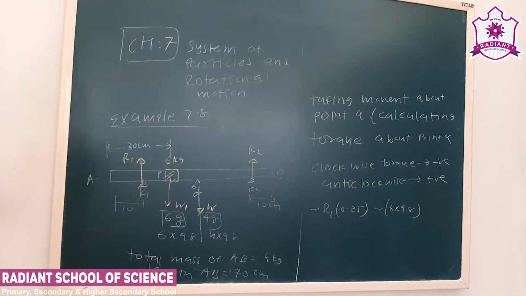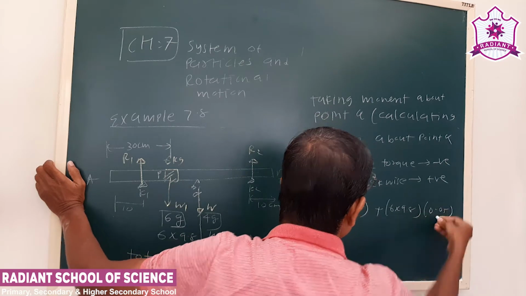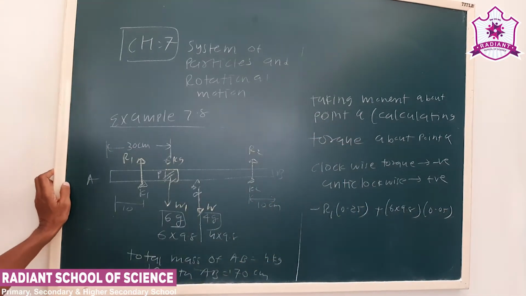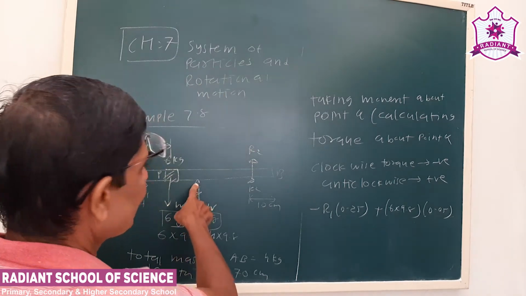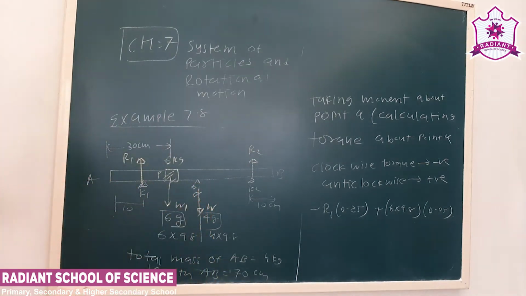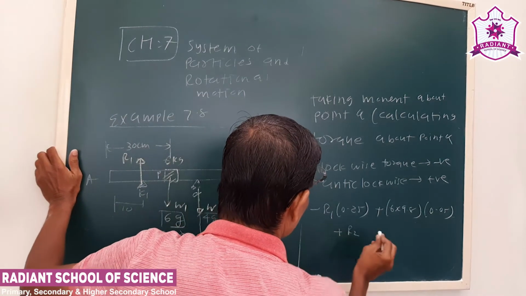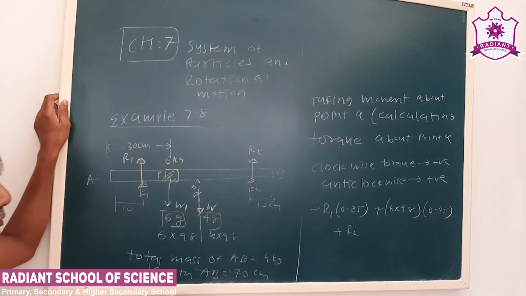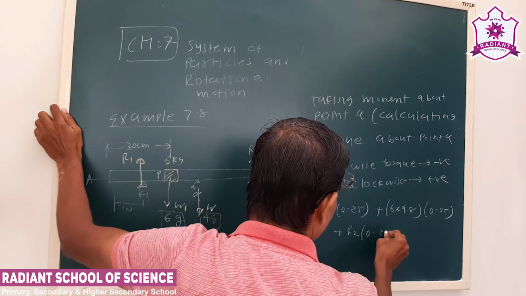Now what is the distance of W1? It is 5 centimeter. We consider this positive, 0.05. Now what about R2? That will also be in the anticlockwise direction. What is the distance of R2 from G? It is 25 centimeter, that is 0.25.